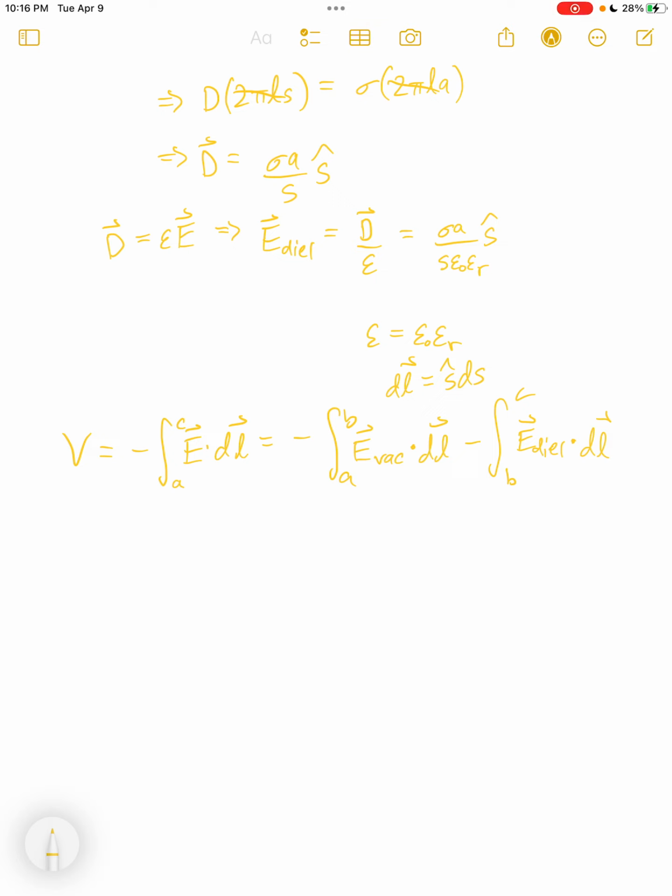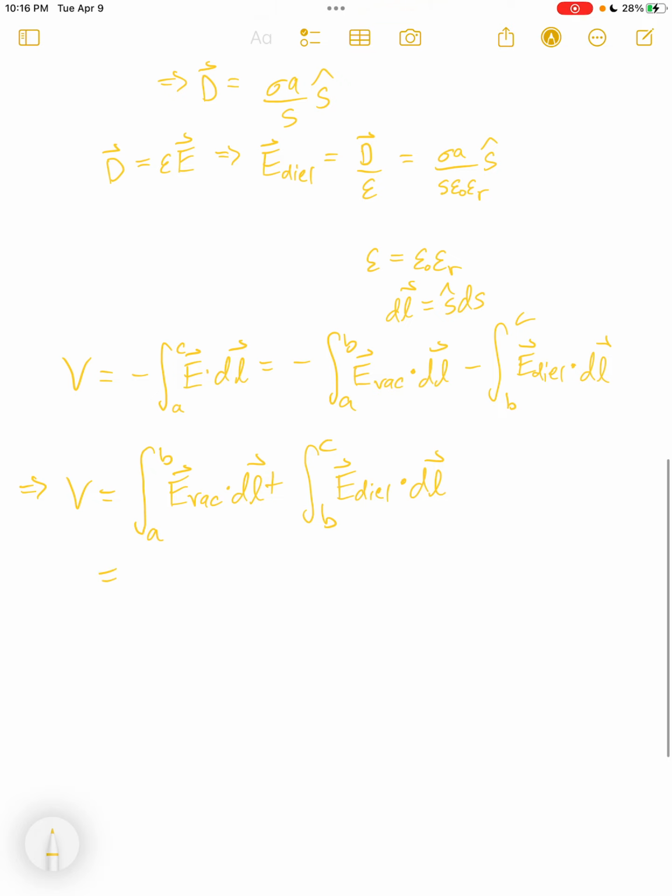And I'm going to rewrite this equation because I really only need the absolute value of the potential difference. So taking that into account, V is just the integral from A to B, E vac dot dl, plus the integral from B to C, E dielectric dot dl.